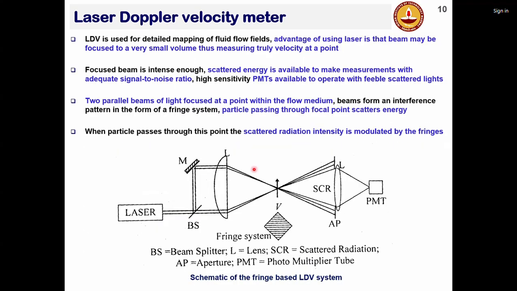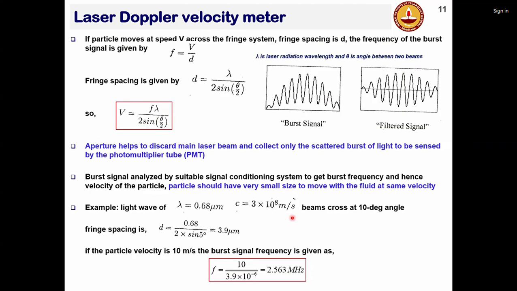That means if we know the angle of intersection theta and the wavelength of this light, you can predict the corresponding fringe spacing. So when you substitute this here and adjust the terms, you can show that V is basically f lambda divided by 2 sine theta by 2.